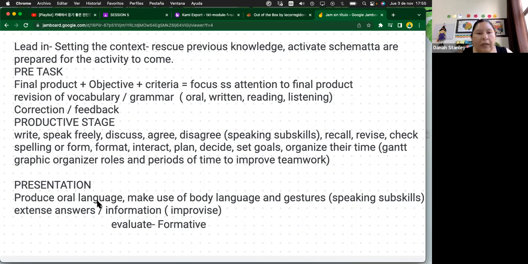Now the presentation. During the presentation, they are going to produce the language. They are going to use the grammatical structure you were analyzing or the vocabulary in a specific context.